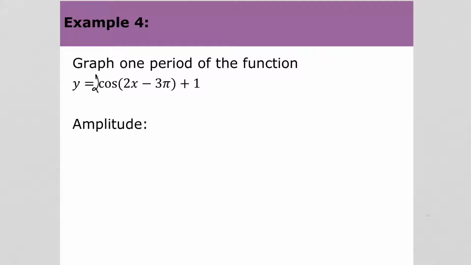Starting with the amplitude. The amplitude is the absolute value of the number in front, so 2. The period is 2 pi over b. So our period is 2 pi over 2, or pi.